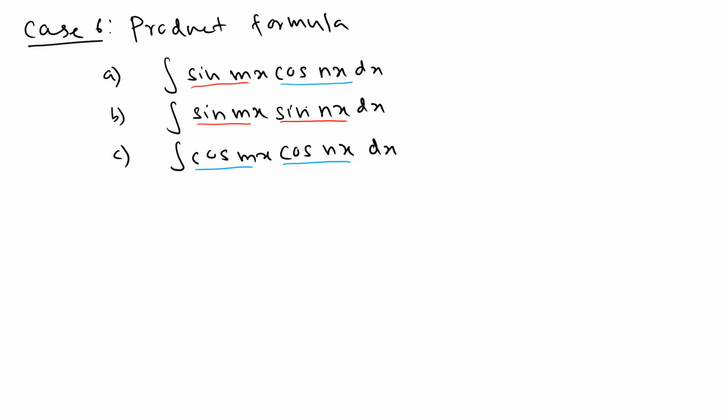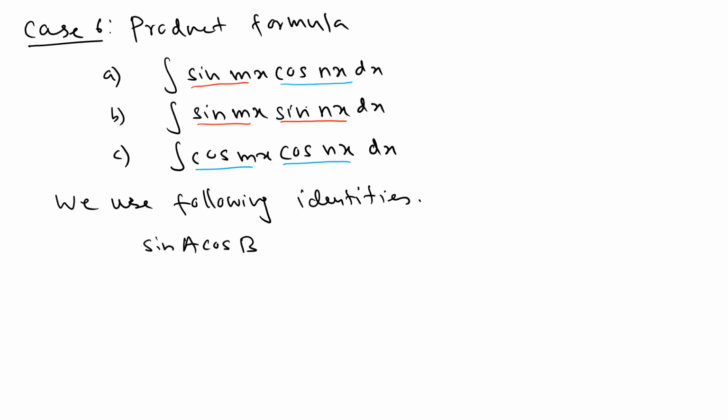So what we can do is use the product identities. We use the following identities. Let's say sine A cosine B equals 1/2 of sine A minus B plus sine A plus B. If we have sine cosine, we use both sine, with a minus sign.